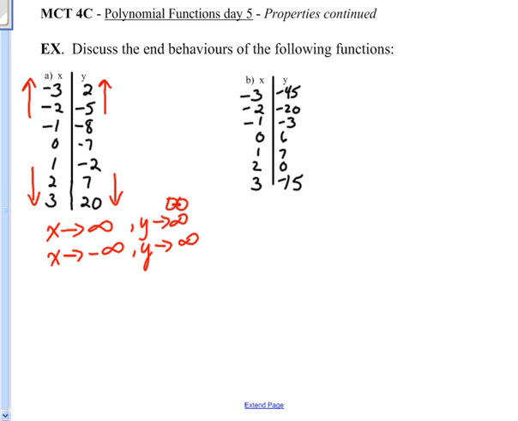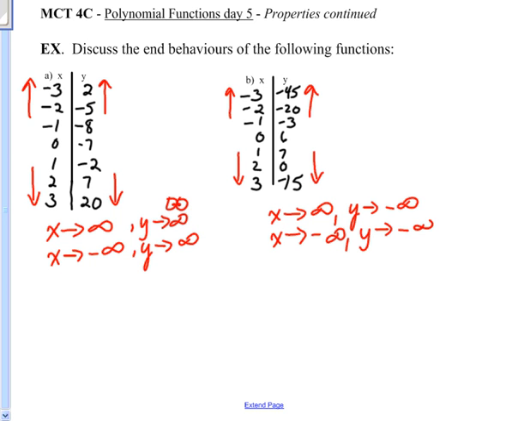For this one, let's look at the end behavior. As x gets larger, it looks like our function might be getting small. As x approaches negative infinity, by observation, it does appear that the function is approaching negative infinity as well.